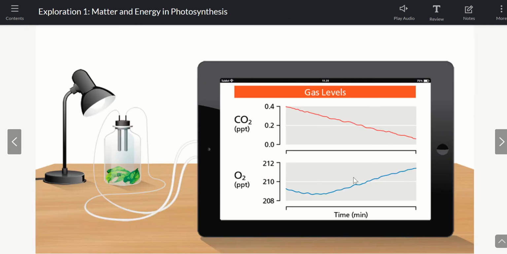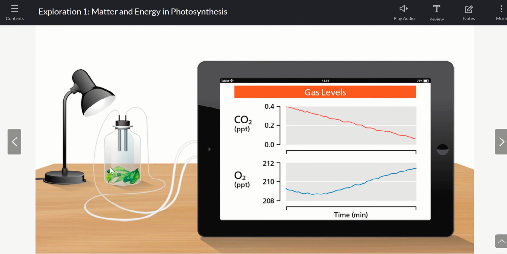Here's a little graph which I think is interesting. Over here we have a plant, and these leaves are going through photosynthesis. Plants need carbon dioxide and water. The carbon dioxide inside this glass jar starts very high, and the oxygen starts very low.